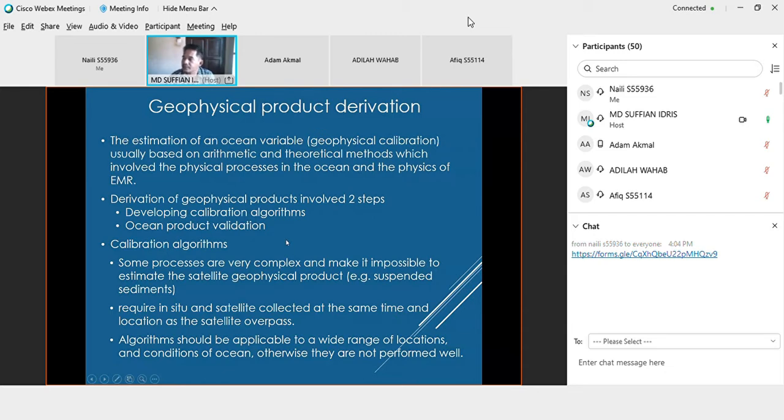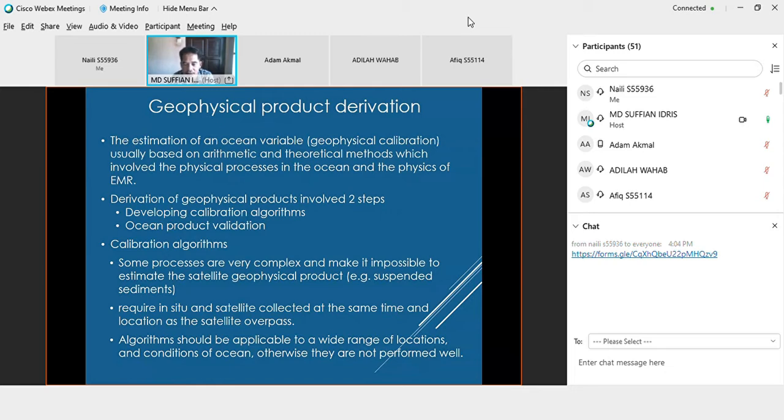Okay, so derivation of geophysical product involves two steps. One is developing calibration algorithm, so kita kata tadi. So kalau you nak derive the product from the satellite data, for example, katakan you nak tengok suspended particulate matter, and then you want to derive from satellite data, the first thing you have to do is to develop calibration algorithms.